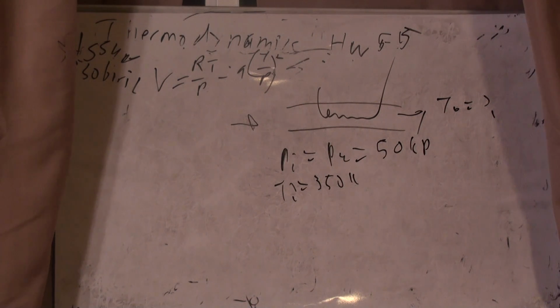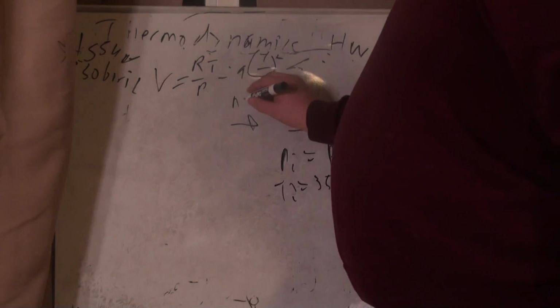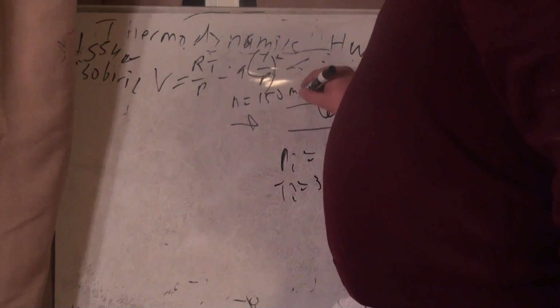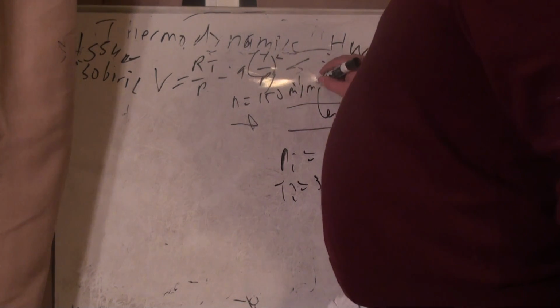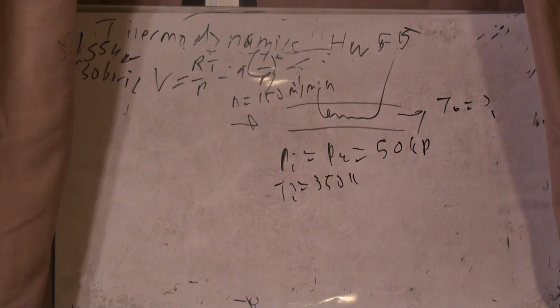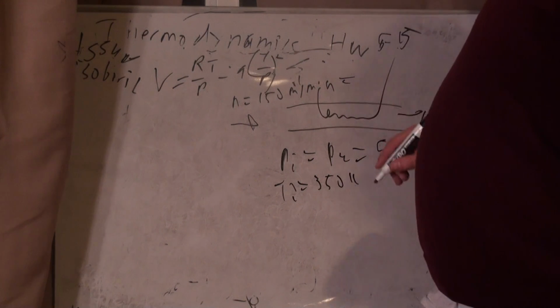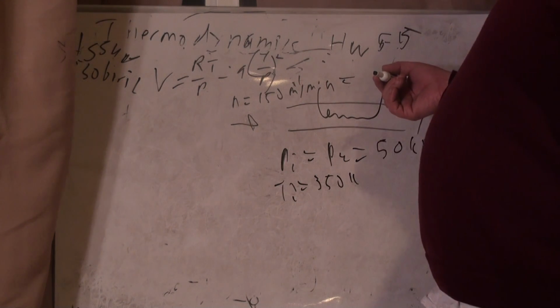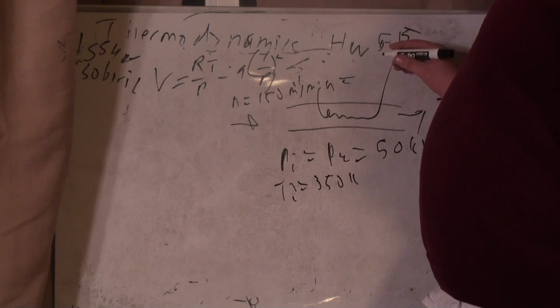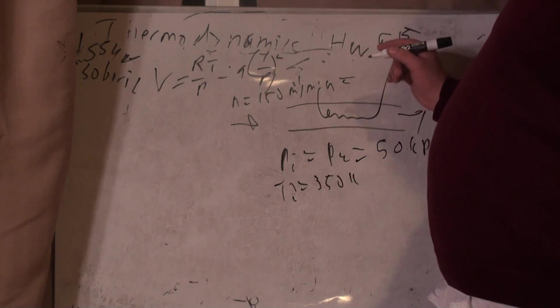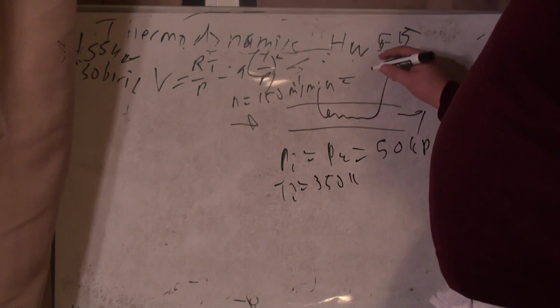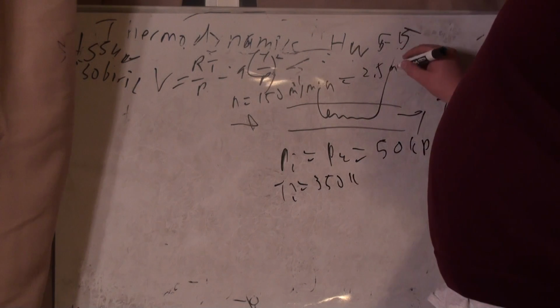Molar flow rate is 150 moles per minute. If I want to do that per second, that will be, well, five halves, right? Yeah, five halves. So that'd be 2.5 moles per second.